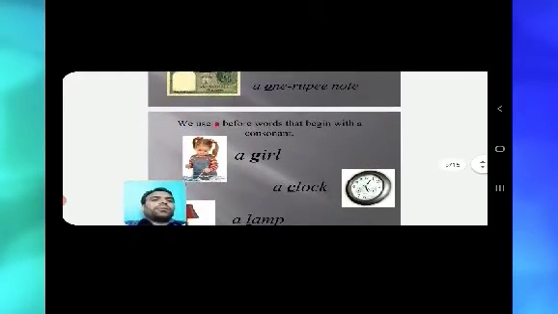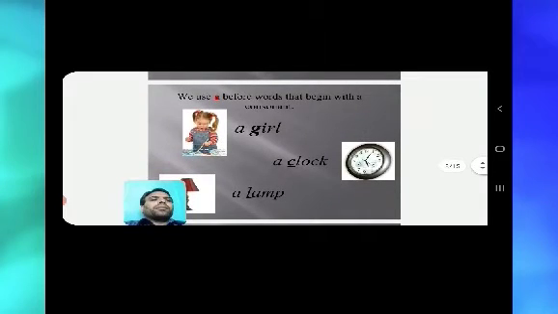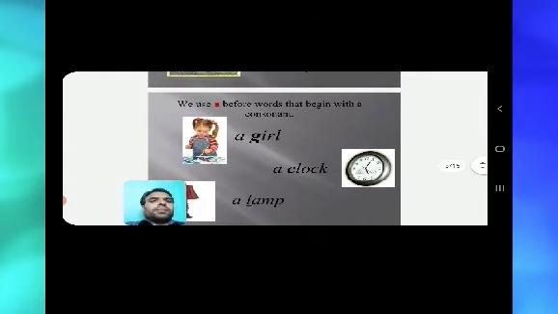Then let us move further. We use a before words that begin with a consonant. It is a very basic thing that you should know. A is used before a word which starts with a consonant sound, like a girl, a clock, a lamp.